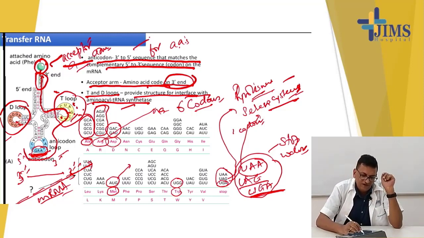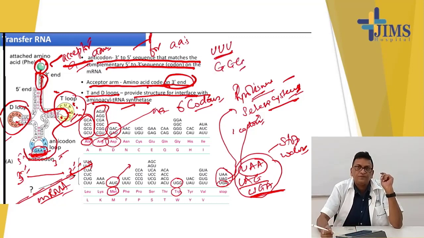So if U is coding for phenylalanine, suppose, in this anticodon loop it should be complementary to that, it should be G. Then only it will carry phenylalanine. Is that part clear?